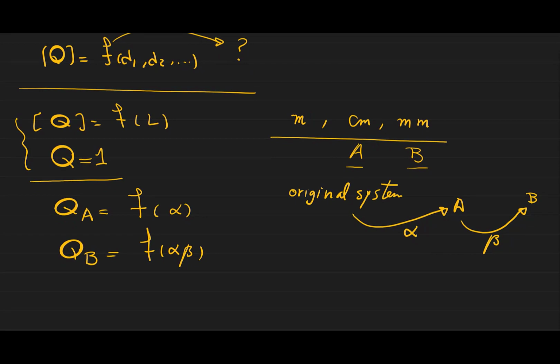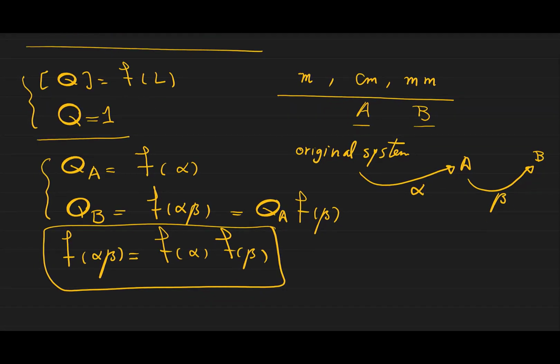Q in the system B can also be written as f of alpha times f of beta, because the unit length in the system A is beta times the unit length in the system B. From these we can obtain f of alpha beta is equal to f of alpha times f of beta.